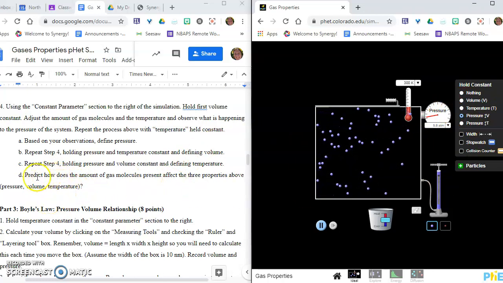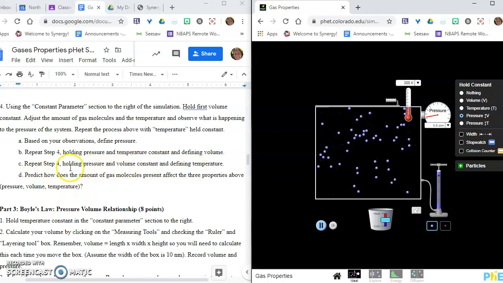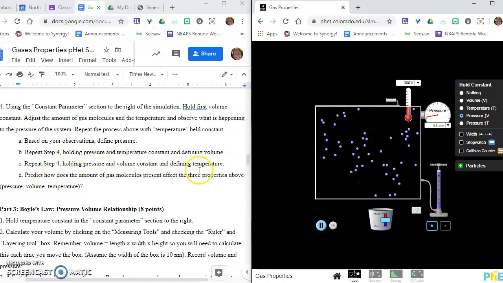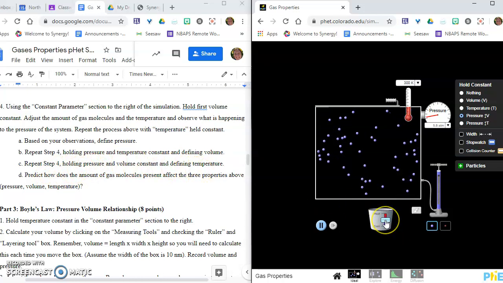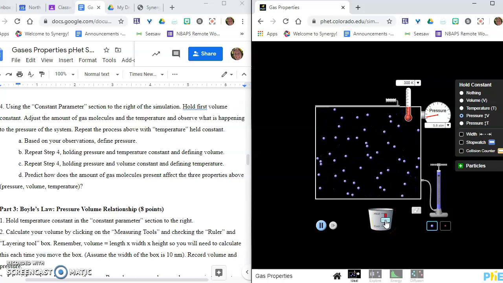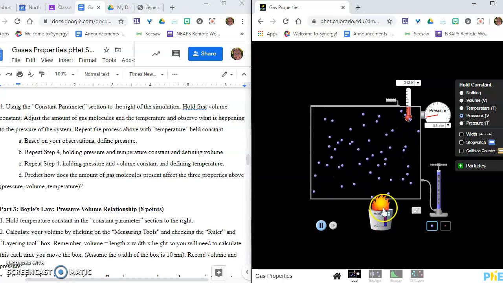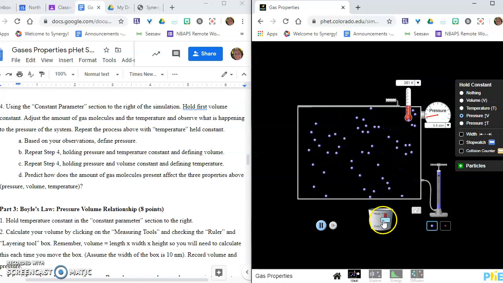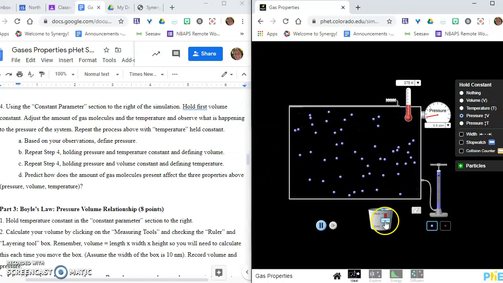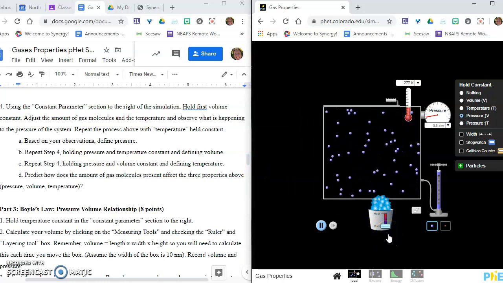So then we're going to see how changing the temperature affects, or how the temperature is affected. Okay, so if we increase the temperature, it's going to increase the volume, and decreasing is going to decrease.